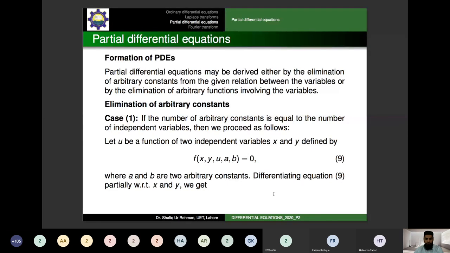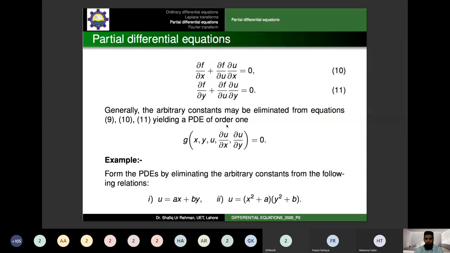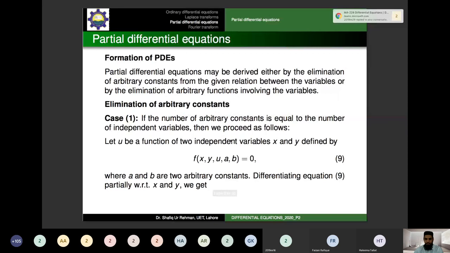If you differentiate equation number 9 partially with respect to x and y, we will be having equation number 10 and equation number 11. So remember, x is one of the independents, y is the other independent, and u is going to be dependent.